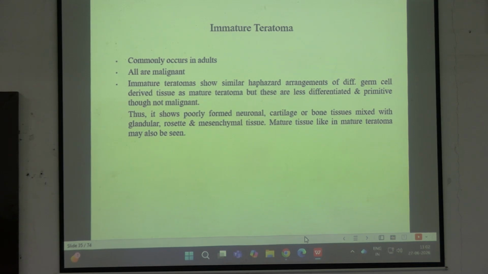You will not be able to differentiate it into tissue types. You will not be able to tell whether it is skin or whether it is bone or what. They will just appear like primordial cells. Sometimes they will form rosettes also. Okay, they are immature components.